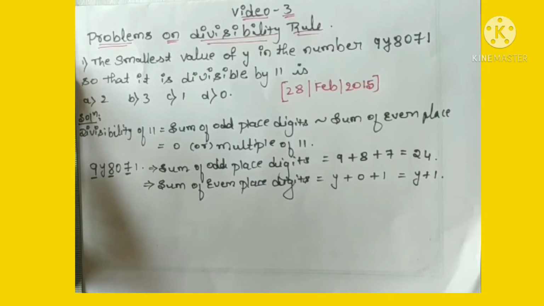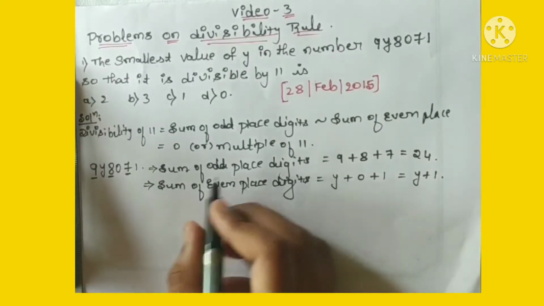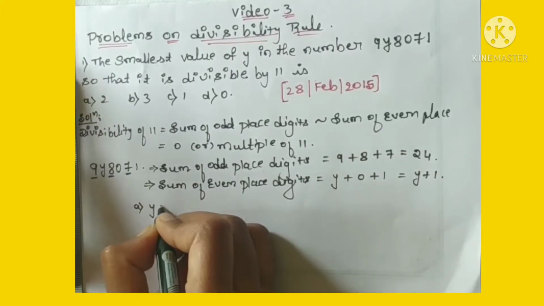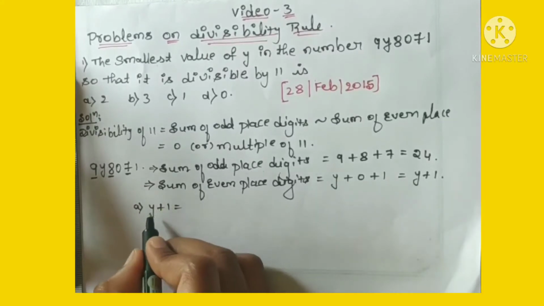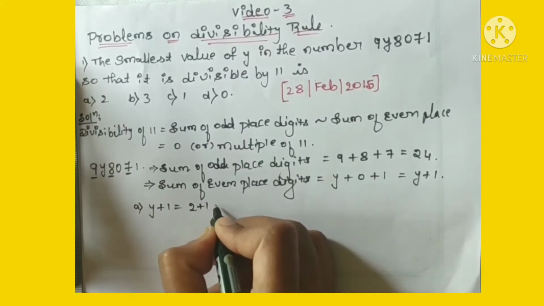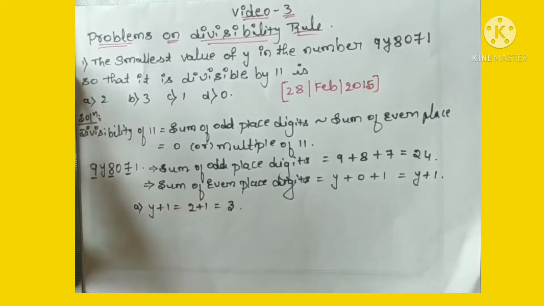Now I put y is equal to 2 from option A. Then y plus 1 is 2 plus 1, which is equal to 3.